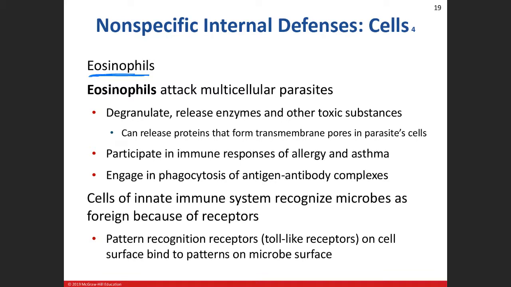When we're talking about our eosinophils, they will attack what we call multicellular parasites, usually like microscopic worms. They have a very similar type of attack. The enzymes that they release are going to literally punch holes, what we call transmembrane pores, into the cells of these parasites, and that will actually kill these parasites.